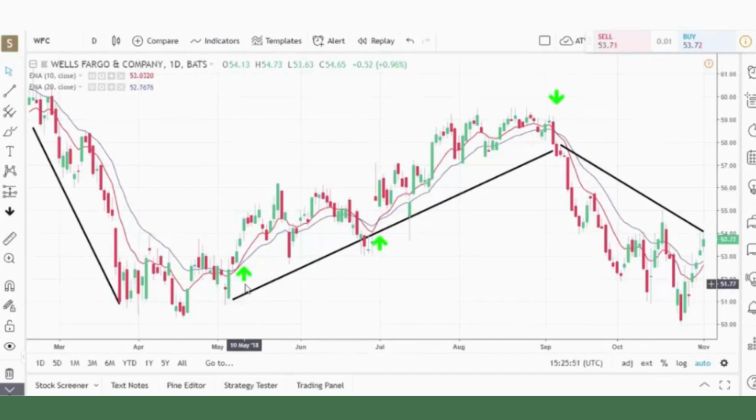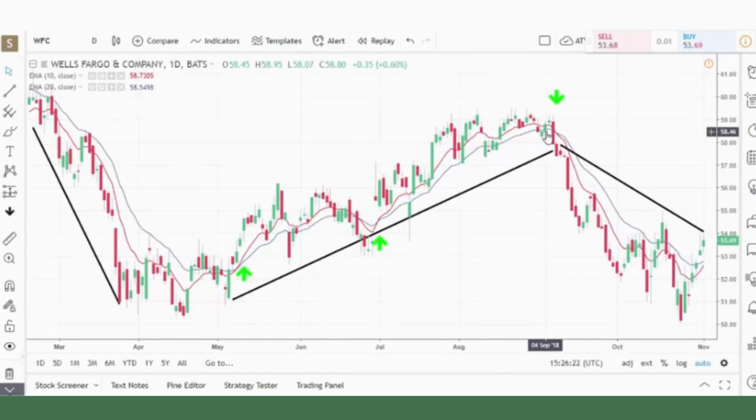Here, where we marked it earlier, we have the 10-day moving above the 20-day after the stock had been in a downtrend. It stays above the 20-day until June. We get a cross to the downside and then another cross to the upside as the stock is in an uptrend here.